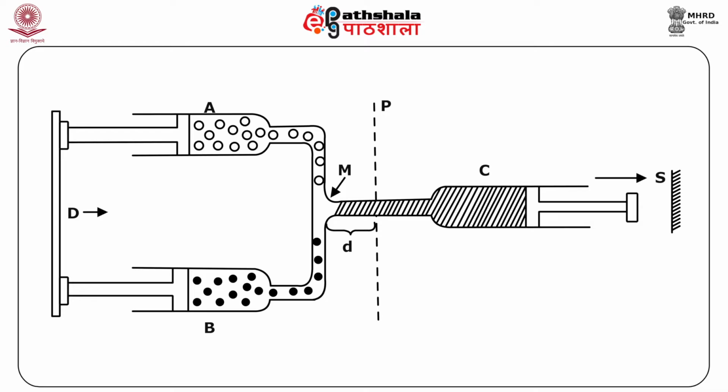The time scale is provided by the sweep frequency of the oscilloscope, which displays a plot of the transmitted light intensity against time. In this arrangement, the distance between the mixing region and the observation point P, that is the point at which the absorption of light is monitored, is small.